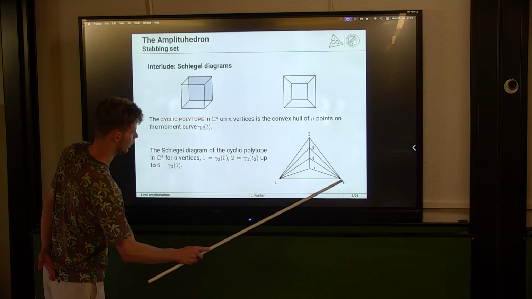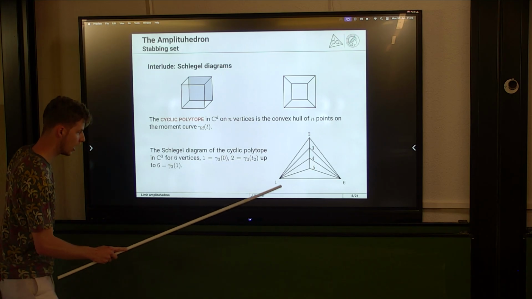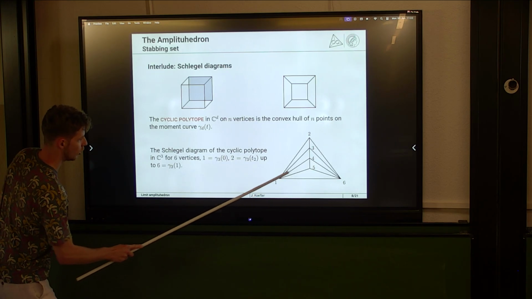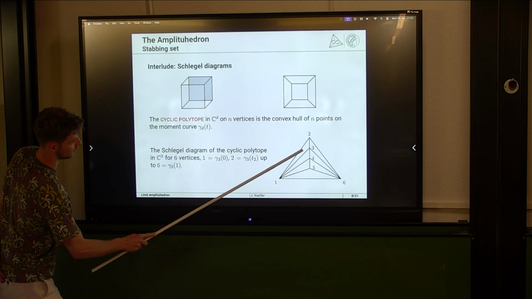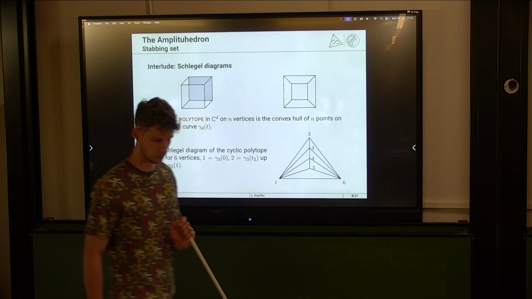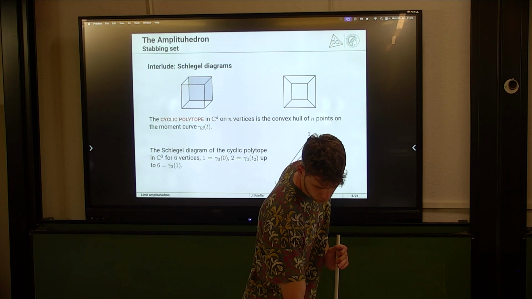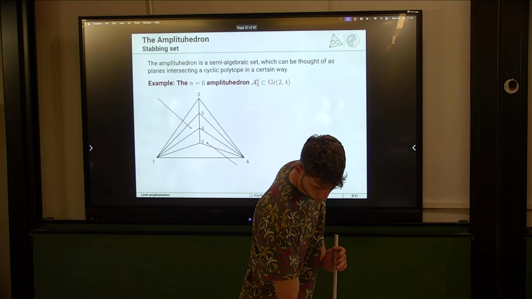And I look through the facet where one of the edges is 1, 6. And then you can see all of these triangular facets of the cyclic polytope as depicted. And this is going to be a very visual tool to understand what's going on.